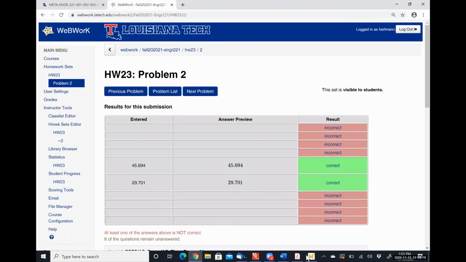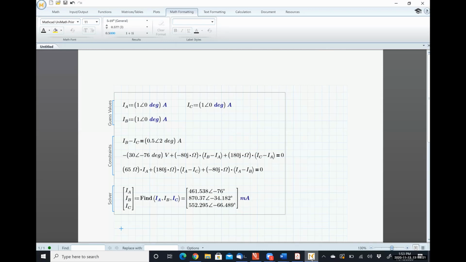All right, now our Norton current, which is I3. So I'm going to put that in here real quick, actually. IC we found to be, I'll be lazy, 65 ohms times j100 ohms divided by 65 plus j100.